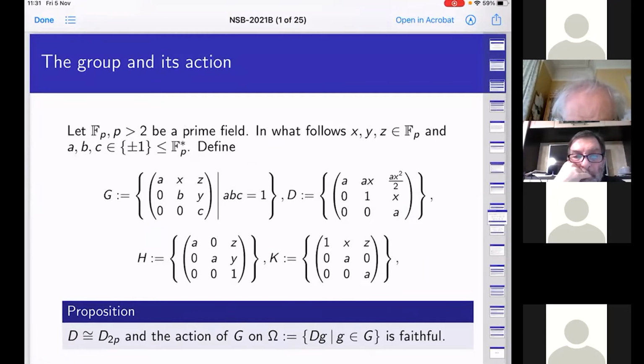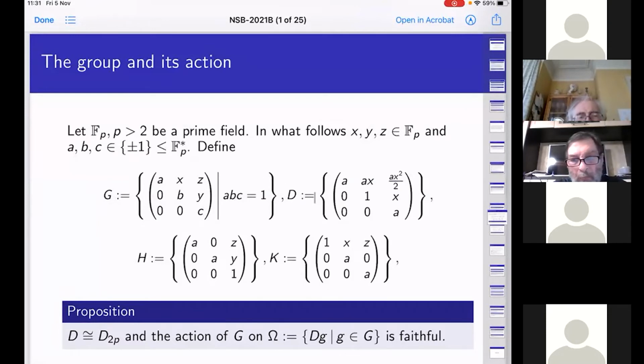So I start with a group G, which is upper triangular matrices, but on the diagonal you take only plus or minus ones, and the determinant should be equal to 1. So the group has order 4p cubed.